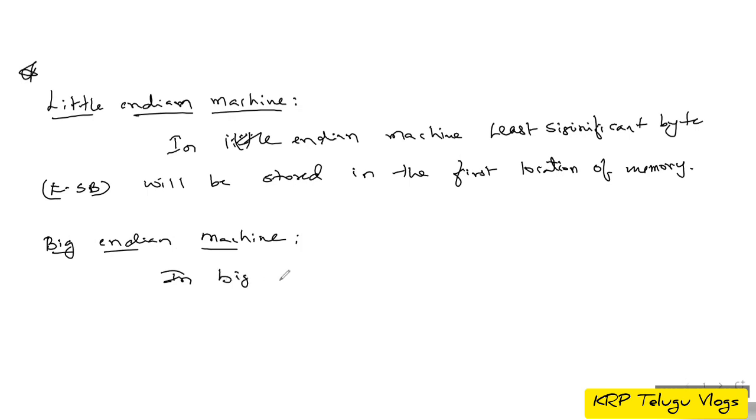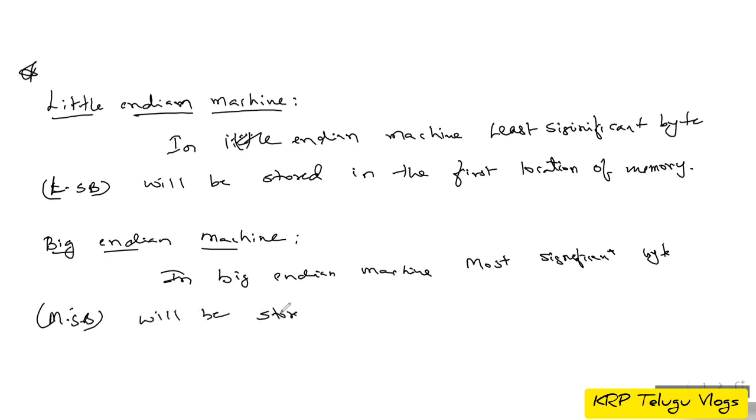In Big Endian machine, most significant byte, MSB, will be stored in the first location of memory. This is LSB, this is MSB.